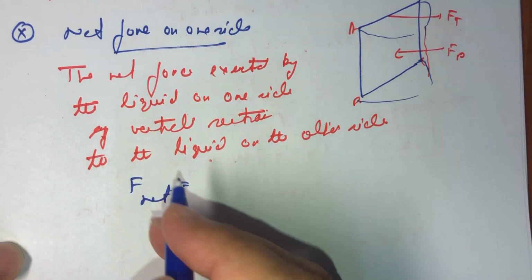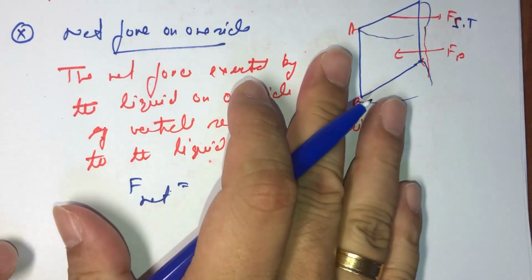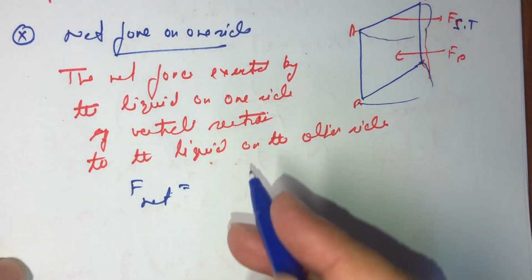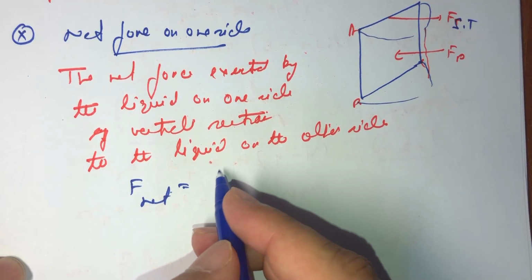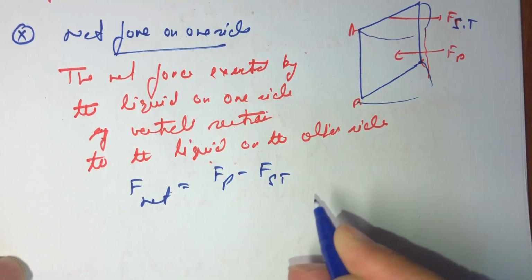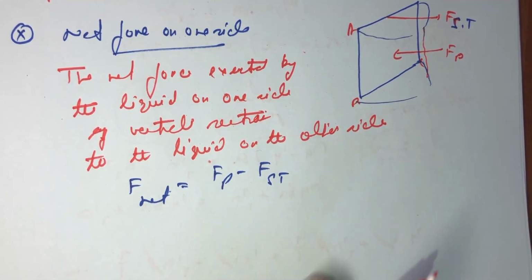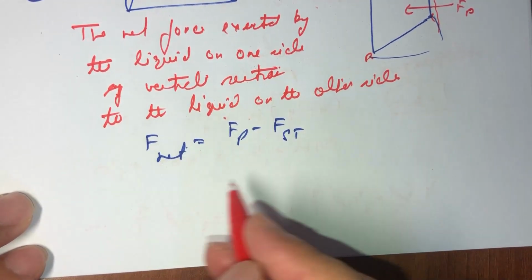So F net will be equal to FP minus FST. We already know FP and FST.